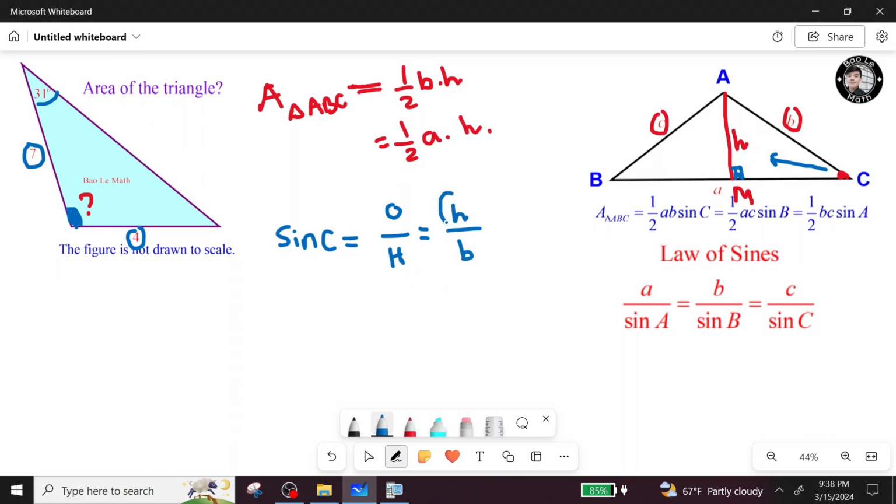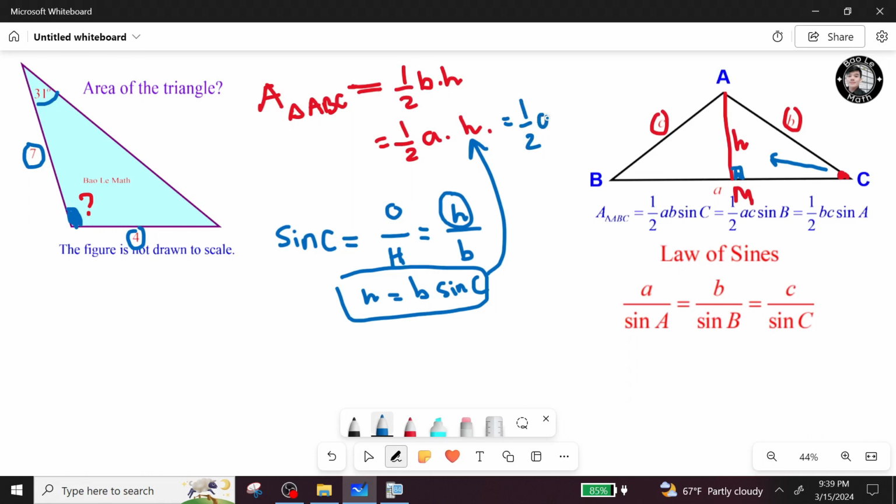Now I need to solve for h, so h equals b times sine C. I substitute over here: 1/2 a times h, but h equals b sine C, so I put b sine C right here. I just proved the first formula.